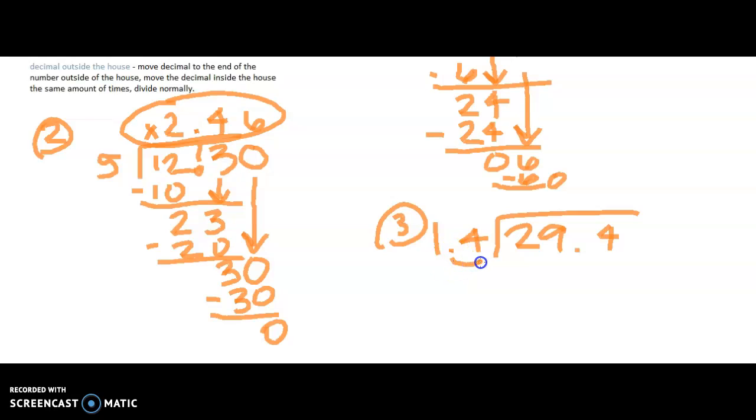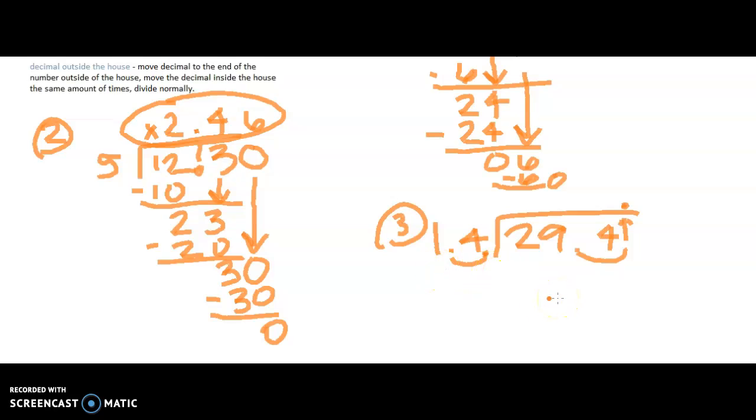For this number, we only have to move it once to get it to the end, but you might have to move it 2, 3, maybe even more times. So just make sure it gets to the end of that number outside of the house. Because we only moved it once outside the house, we only have to move it once inside the house. And then just like normal, we're going to bring up that decimal up to the top.